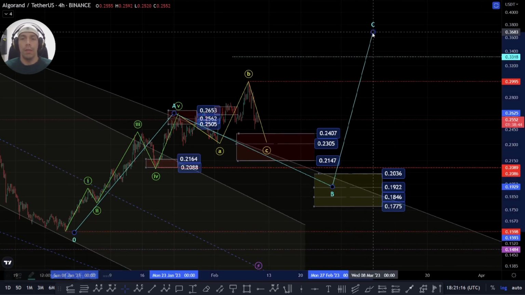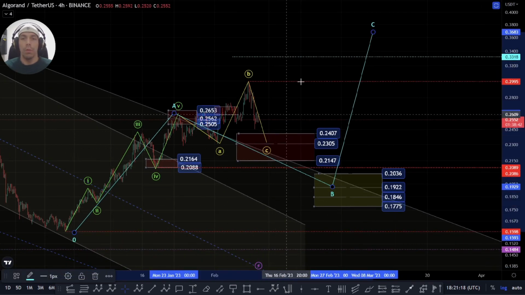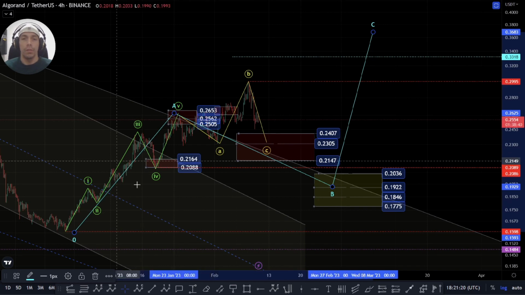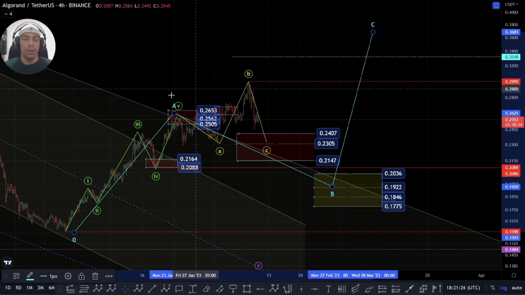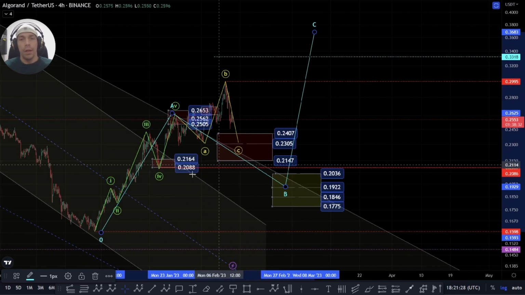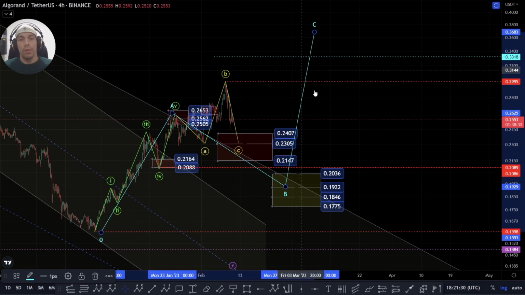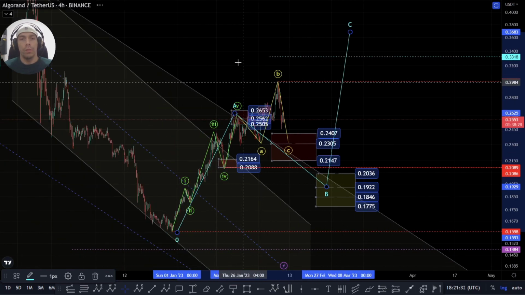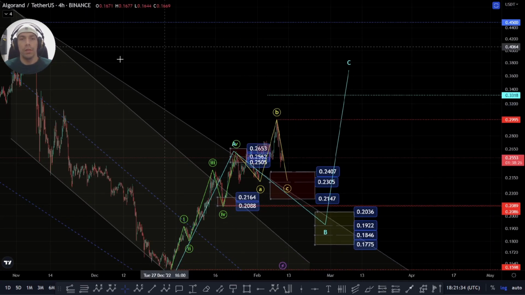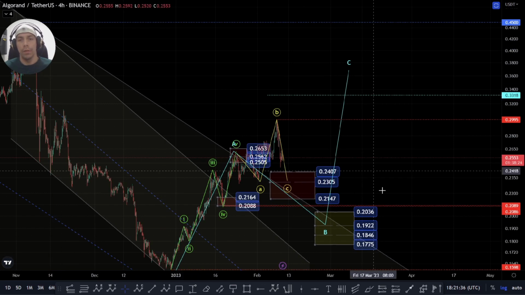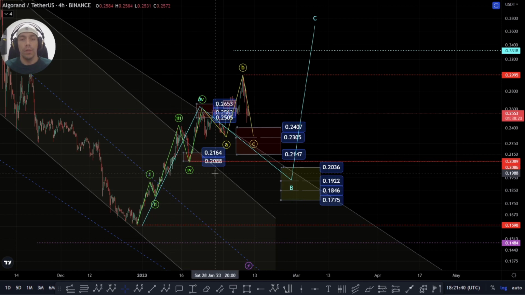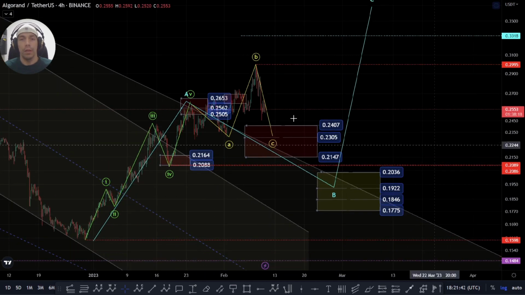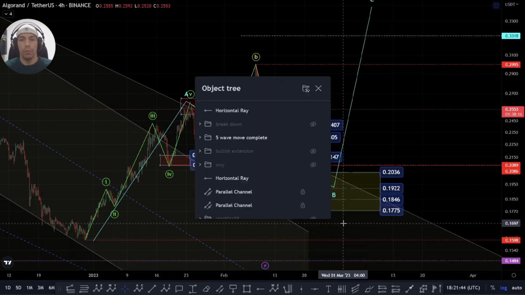Whether this is an ABC or alternatively a 1, 2, 3, there is potential here to start a trend to the upside, though we don't have enough information for that, and it's less likely in my opinion. A corrective structure as an ABC to the upside, however, would still be possible and would keep us within the idea of that ending diagonal that we had talked about previously, as well as some of the other bearish options. So that was the one way we're looking at this move to the upside.